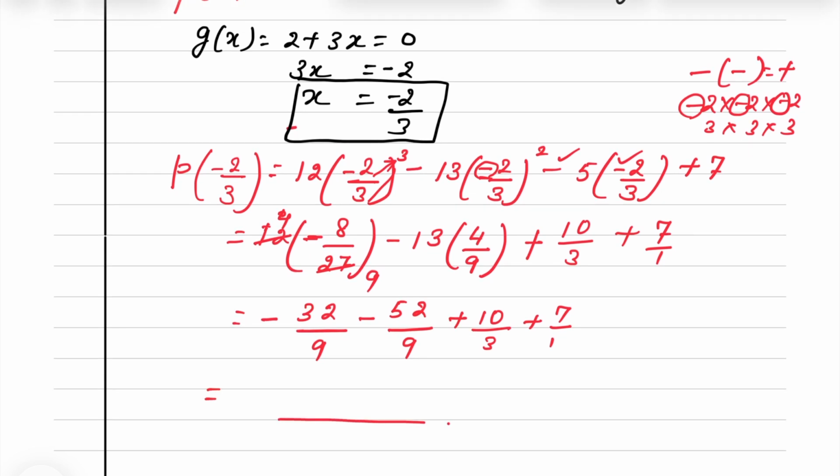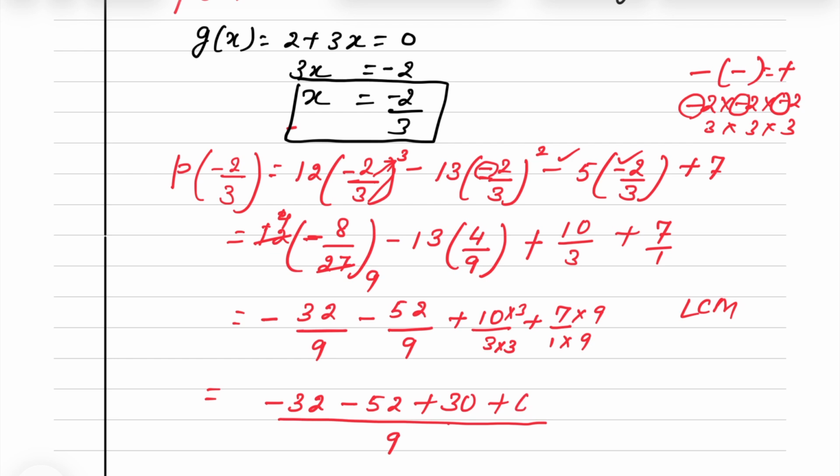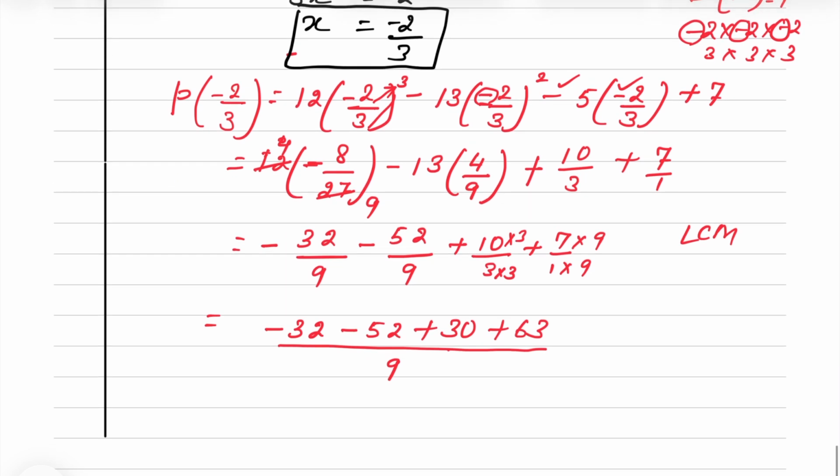Now again what I told, take LCM. Here we don't have denominator 9, so 3 threes are 9 and 10 threes are 30, that makes our work easier. So here now I am ready with the LCM. Minus 52 plus 30 plus 63. Now these two are positive, these two are negative.